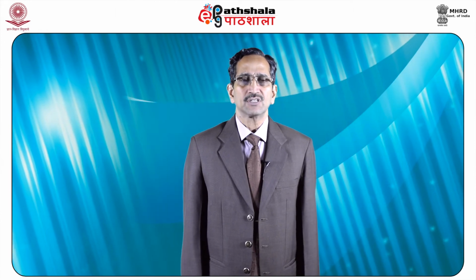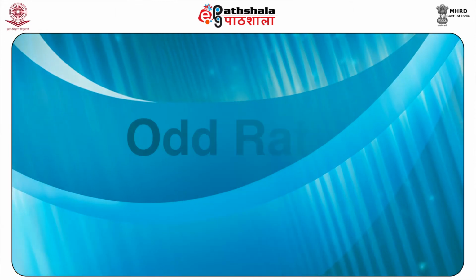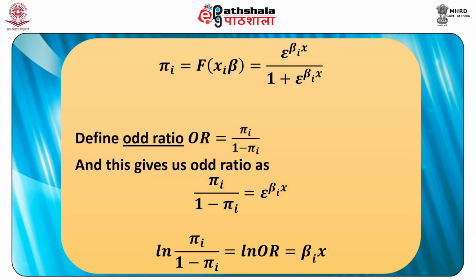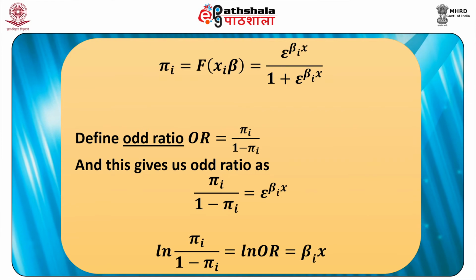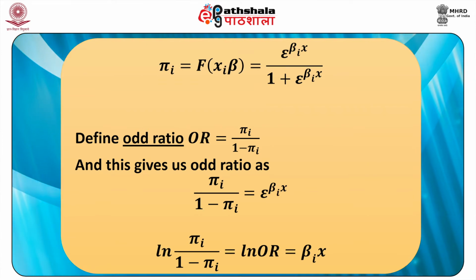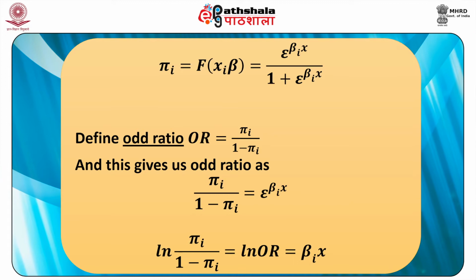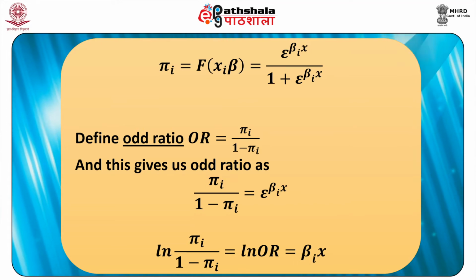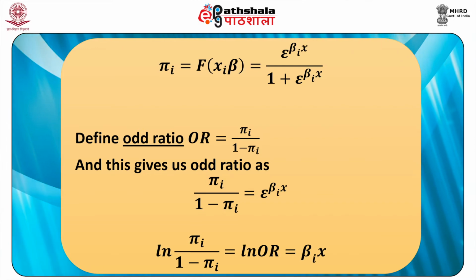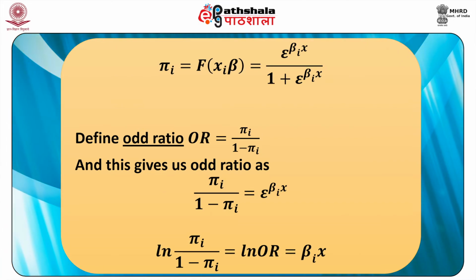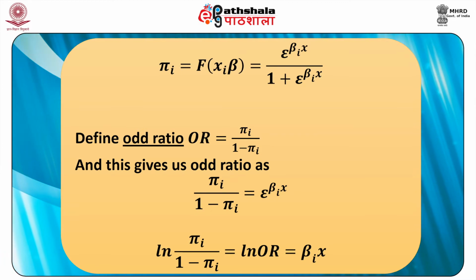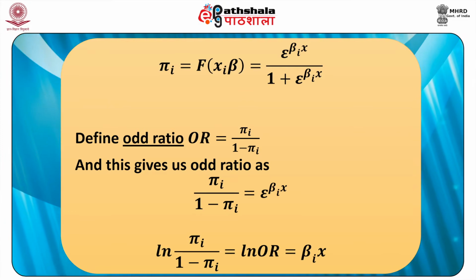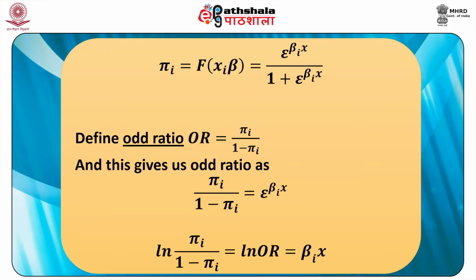Having understood this, let us now try to understand a concept known as odds ratio. The coefficient beta can be understood in terms of odds ratio in the case of the Logit model. This is defined as phi_i equal to F(x_i beta), which is equal to e raised to the power beta x_i upon 1 plus e raised to the power beta x_i. Define odds ratio OR as phi_i upon 1 minus phi_i.